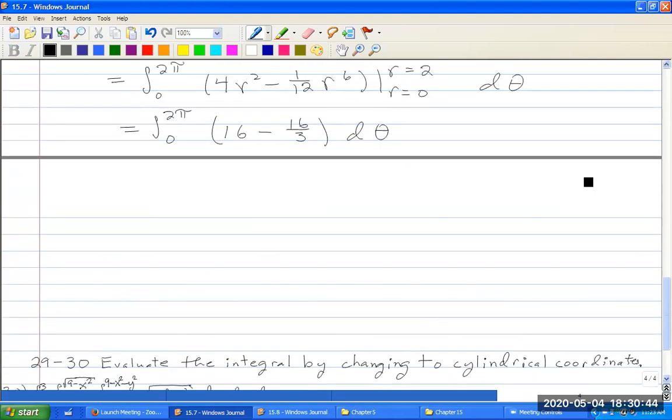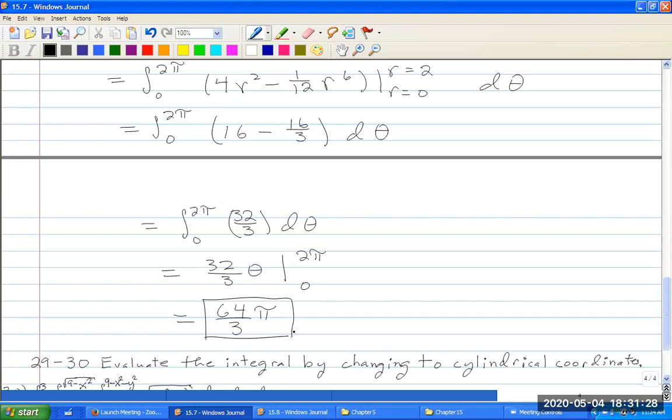And so this is equal to 16, that's 48 over 3, minus 16 over 3, is 32 over 3. Integrate. Evaluate. And so you get 64 over 3. 64 pi over 3.